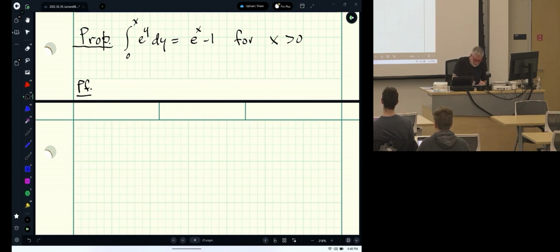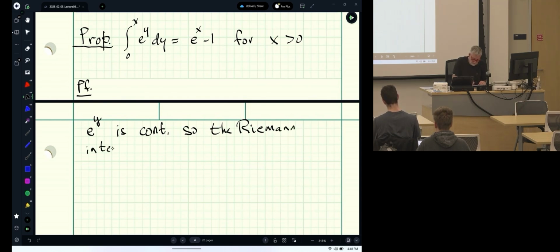So the integrand is continuous, so the Riemann integral exists. In fact, I'll even be more precise.